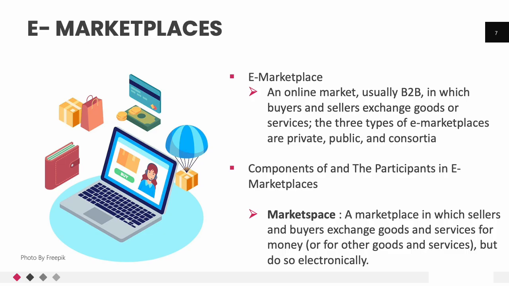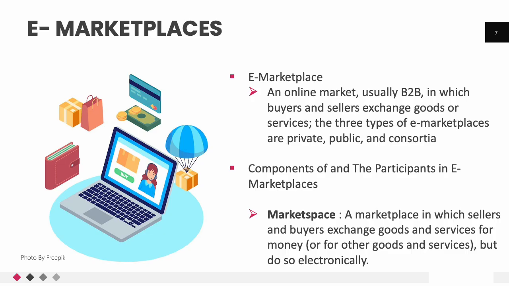It's mostly for B2B, business to business. For example, Alibaba connects manufacturers with retailers, and Amazon also has Amazon Business, so they have two kinds of Amazon.